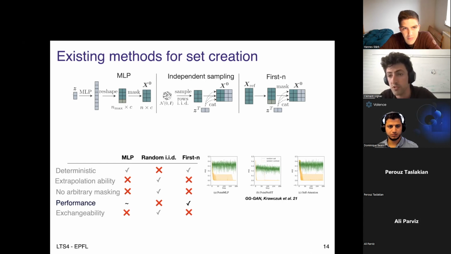And the idea is super simple: to have a reference set that is always the same. So you can train the entries of this reference set, but you will use it anytime you want to generate something. And then it's similar to the rest. If you want fewer points than the number of points in the reference set, you just mask it. And you append the latent vector to the representation of each of these points.